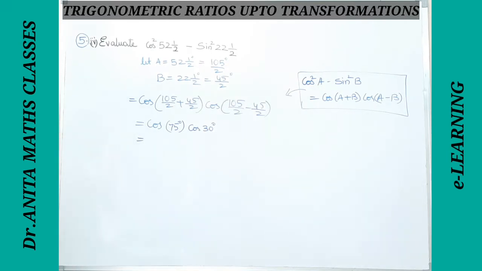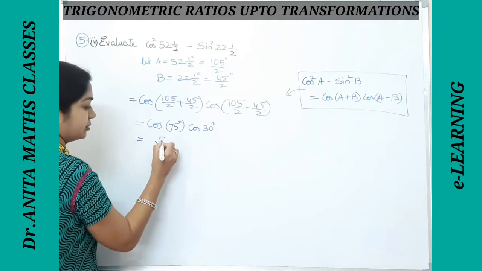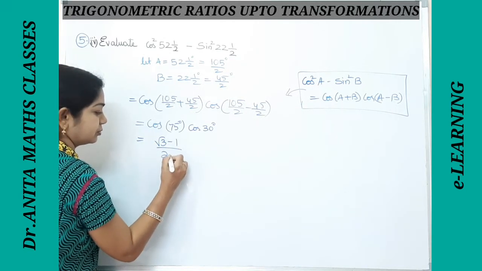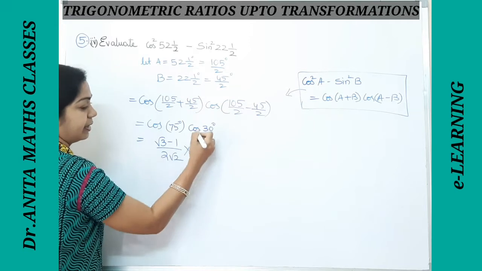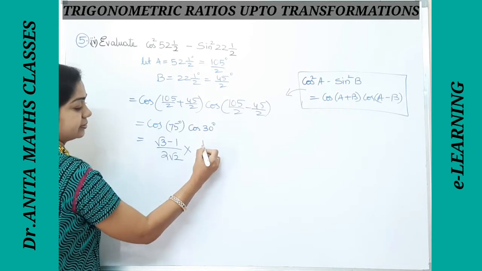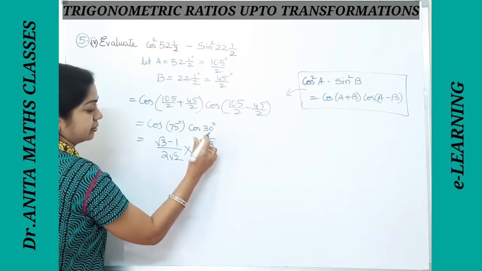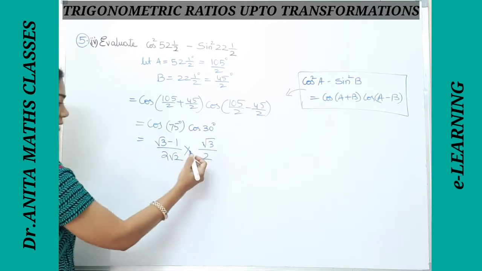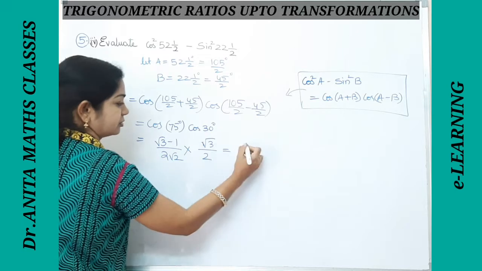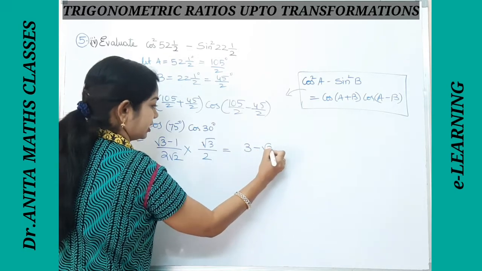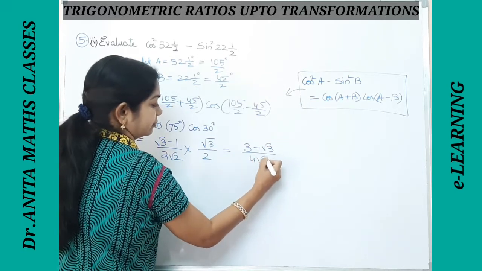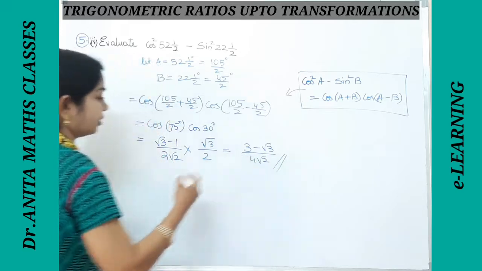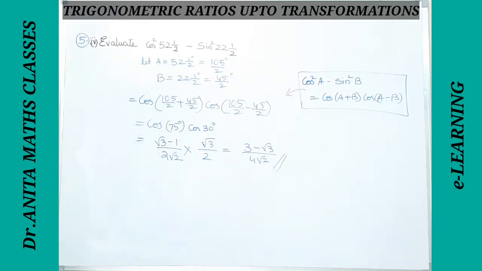Cos of 75 degrees we can directly write this value, root 3 minus 1 by 2 root 2, multiplied by cos 30 degrees, which is root 3 by 2. Okay, so multiplying them, root 3, so 3 minus root 3 you get here, and here 4 root 2. The same thing we got with a negative sign in the second part. Okay, please pause the video and note it down.